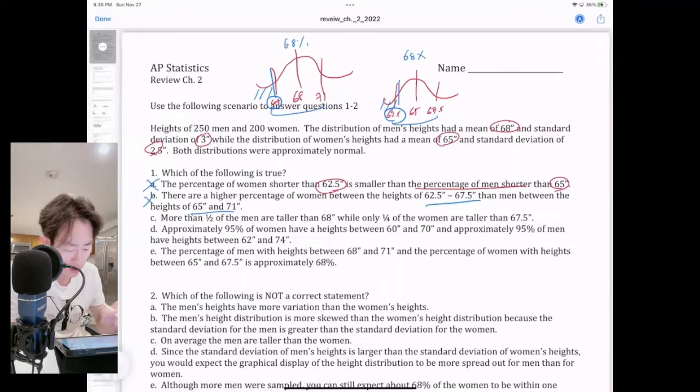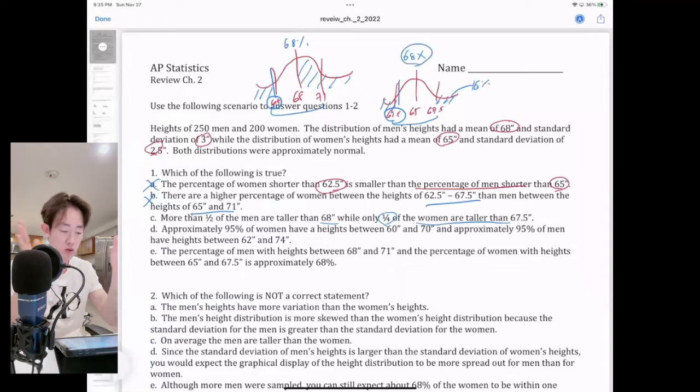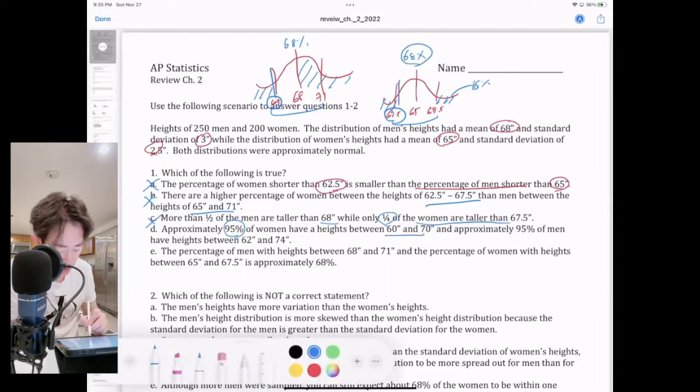More than one half of the men are taller than 68 inches, which is true because that's half, while only 1/4 of the women are taller than 67.5. 67.5 should amount to about 16% doing the math with the empirical rule. So that is not true. Approximately 95% is between 60 to 70.